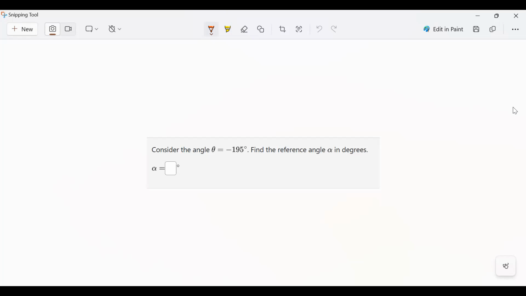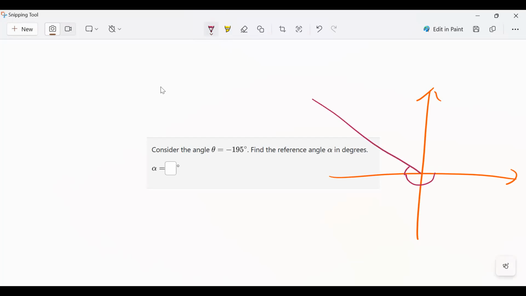Okay, let's look at the solution. This angle is located in the second quadrant. If you draw it going clockwise this way, this is 180 already, and then 195 will be somewhere here. So this angle is 195 degrees minus 180 degrees, which is 15 degrees. So the reference angle alpha is 15 degrees. Again, it must always be positive because it's a reference angle.